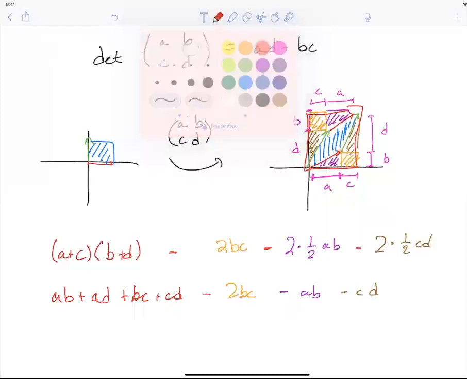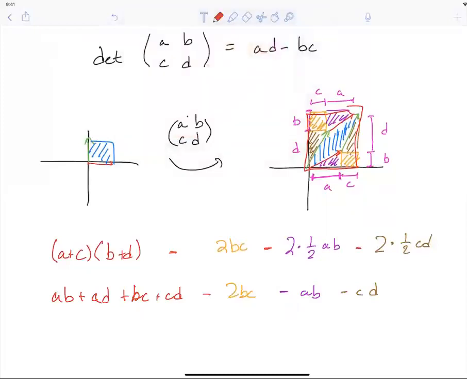And sure enough, what happens when we're done? The BC cancels one of those, the CD is going to cancel over here, and the AB is going to cancel here. And what's left is exactly the area of that parallelogram. So the area of the parallelogram is equal to AD minus BC. And so that's why the determinant of a 2x2 is AD minus BC.